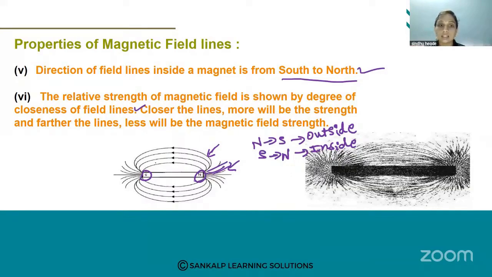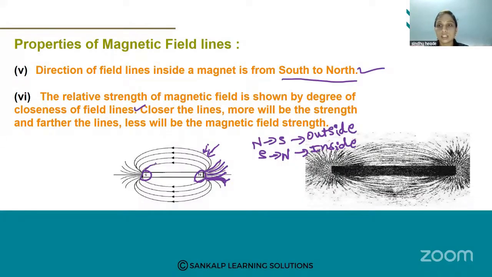On the outer side the closeness is very less, but at the pole the magnetic field lines are very near to each other. It tells that the strength is more at the pole as compared to outside of the magnet. This is another important property of magnetic field lines.